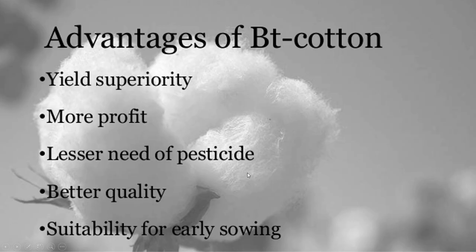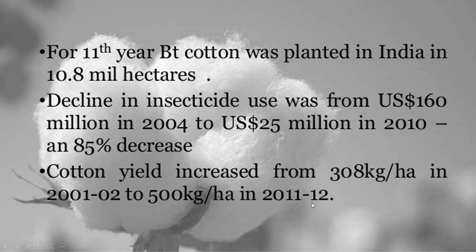Pesticide was not required, or only a minimal amount. Better quality of cotton because the damage was less, and suitability for early sowing. It can be used for early sowing also. So these are some of the advantages of Bt cotton, and there was a lot of advantage in using Bt cotton in India.